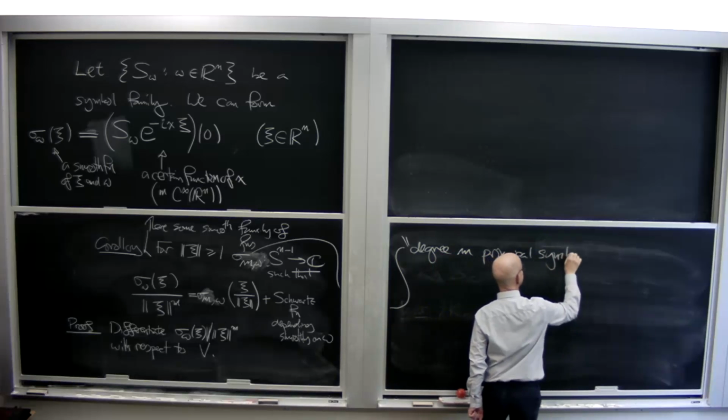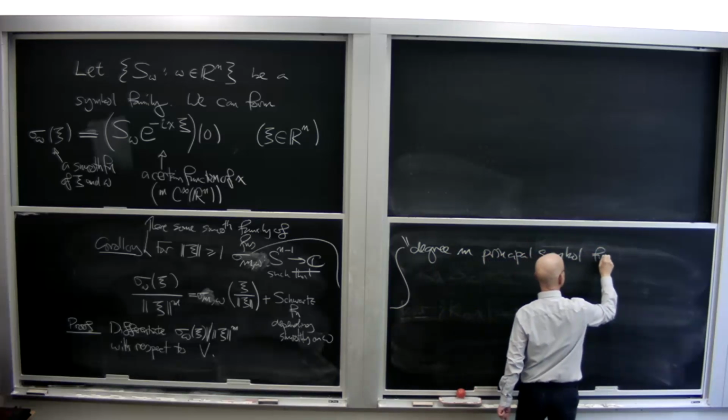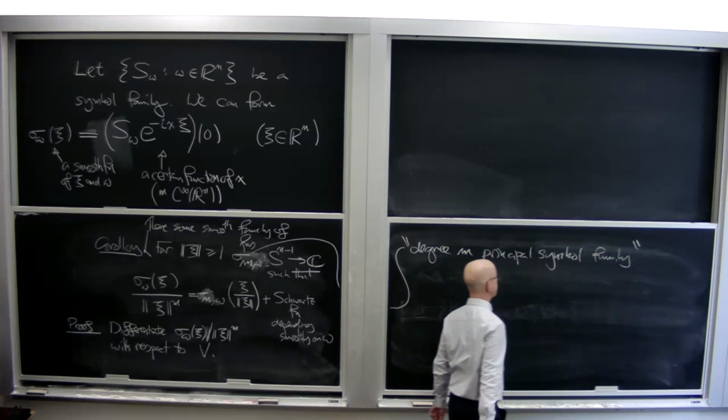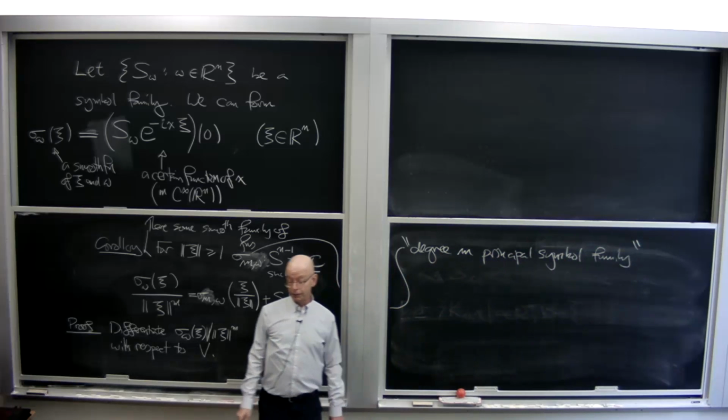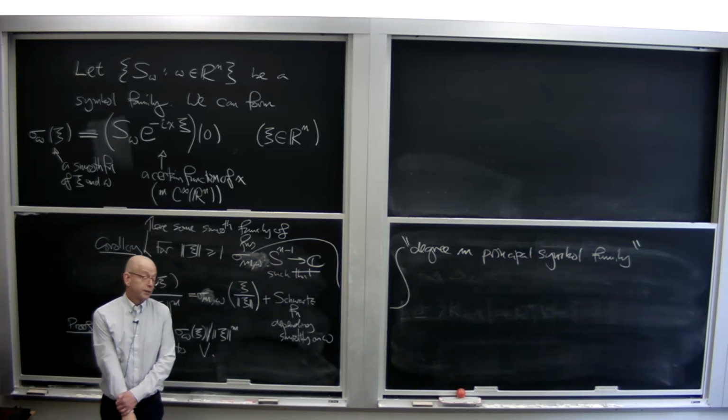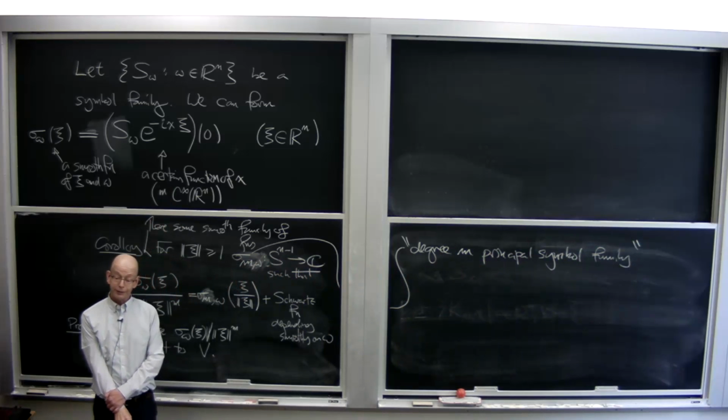Give it a nice fancy name. Well, there's a whole bunch of operators, one for each omega, so maybe we should call it a family. If this family is zero, we started with a big S omega family at the top, then it's because the big S omega family was smoothing operators.